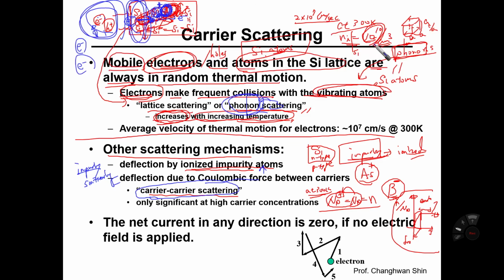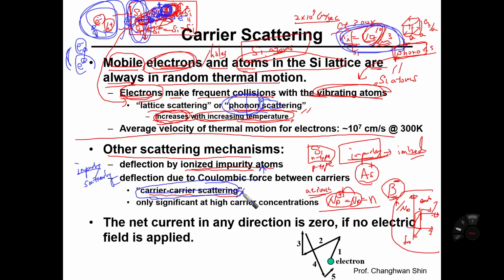Think about how many electrons exist within 1 cubic centimeter. Huge, right? A humongous number of electrons are available in a cubic centimeter. So there is a probability of a hitting event between two electrons. This electron to electron scattering is named carrier to carrier scattering.